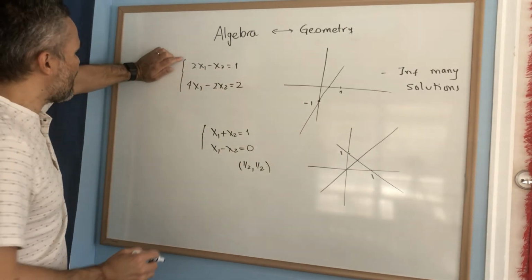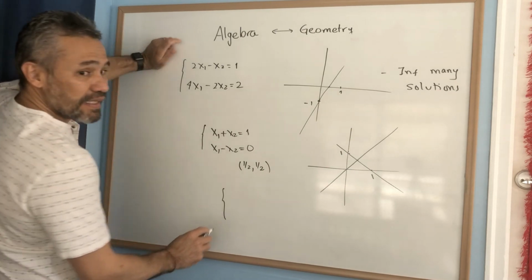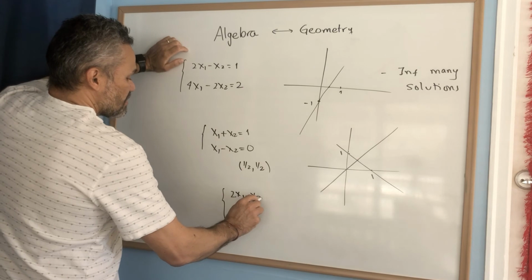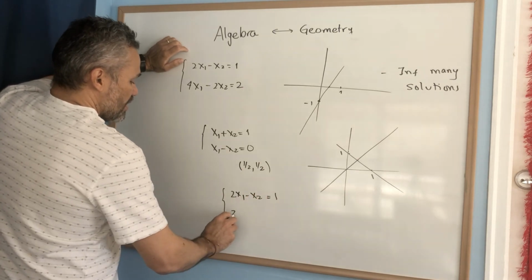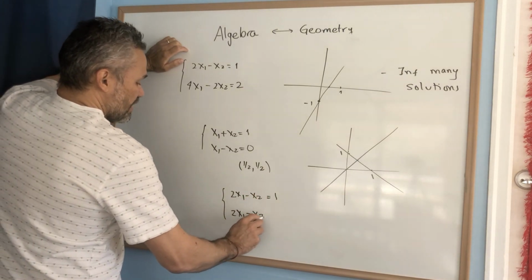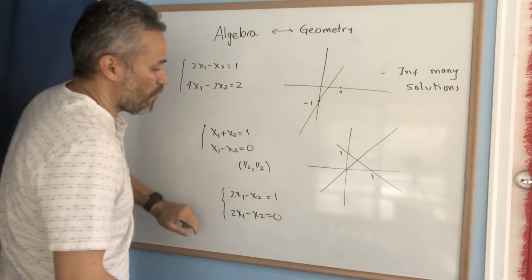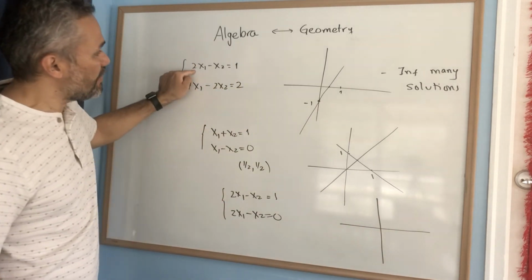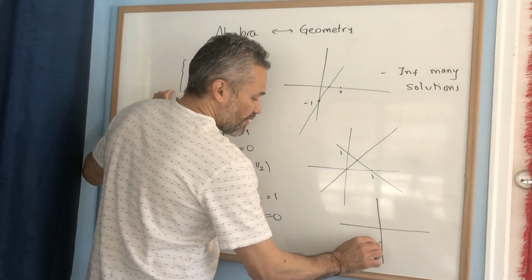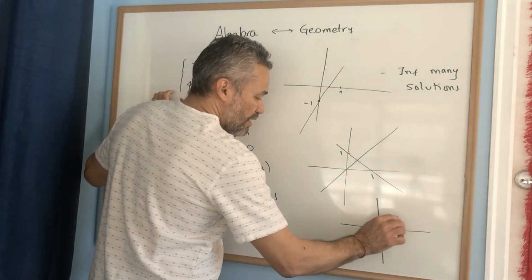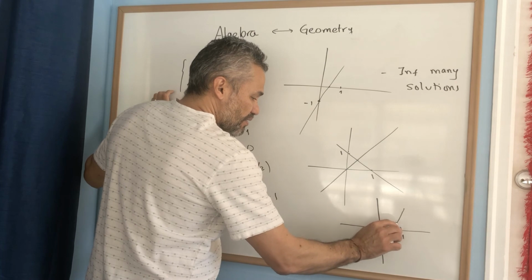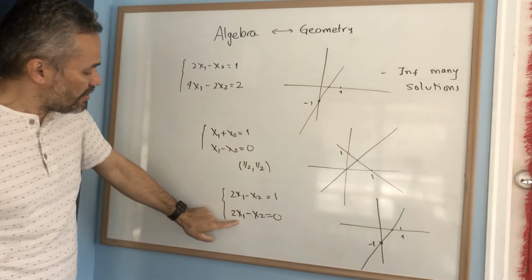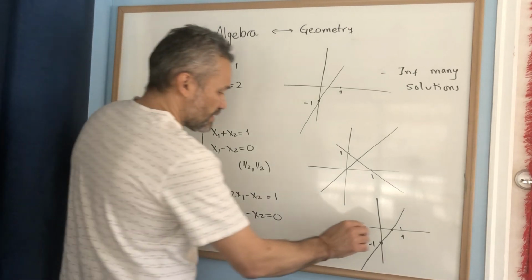And actually we may have something like this case, like 2x1 minus x2 equal 1, and 2x1 minus x2 equals 0. When we think about this line, it is the same line as that one. Then we have negative 1 and 1, and here we have 1/2. This line goes through these 2 points. But this line here goes through the origin.